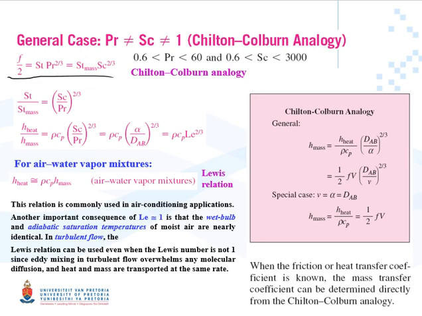So basically, Stanton of heat transfer divided by Stanton mass is Schmidt divided by Prandtl to the power of 2 divided by 3.